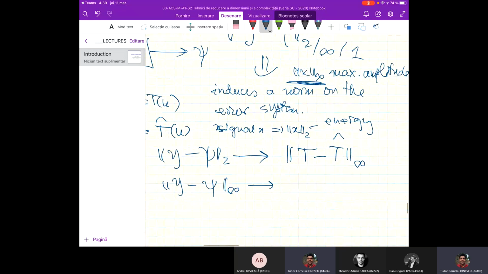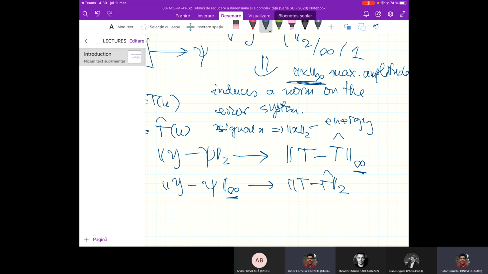So the energy of the error induces an infinity norm on the systems, and the maximum amplitude of the error signal induces a 2 norm on the system. These are different from these, okay? So the infinity here and the infinity here are 2 different things. They have kind of the same significance, however, they're not the same.